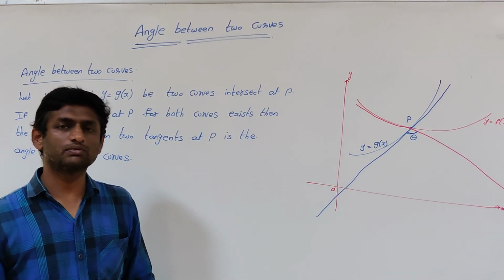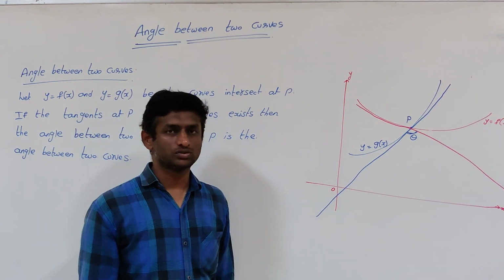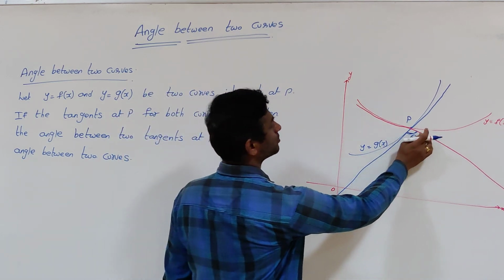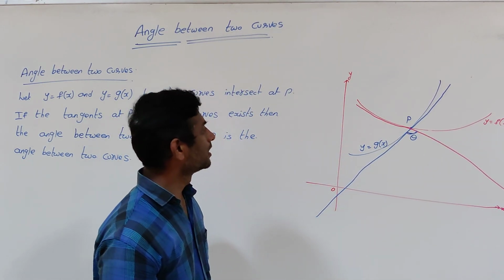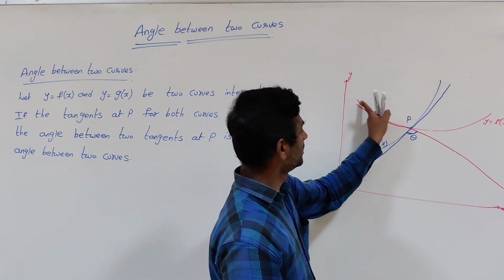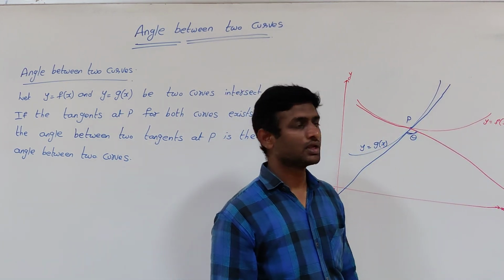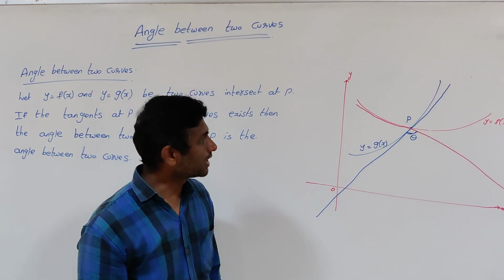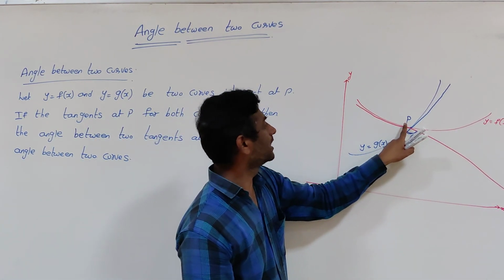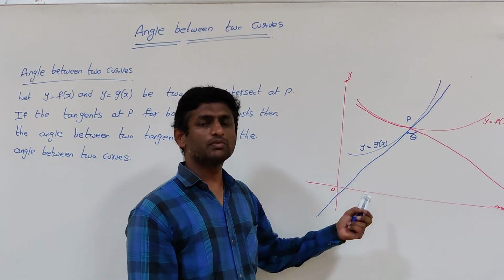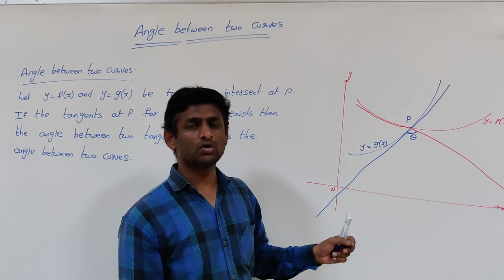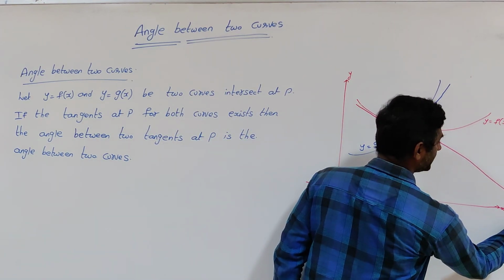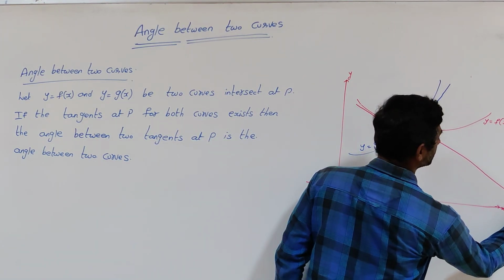Normally angles are denoted by theta, alpha, beta, and so on. Now what is the formula for finding the angle between two curves? Assume that this is a tangent line. For this curve we can find the slope of f of x at P. Normally slope is denoted by dy by dx, or we can say gradient. As it is a line, it meets the x-axis with some angle theta 1.